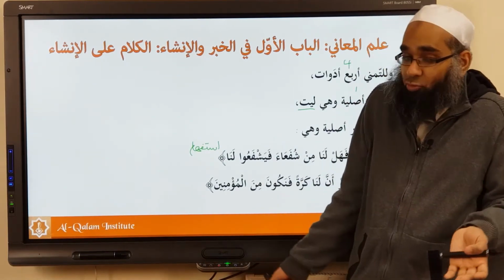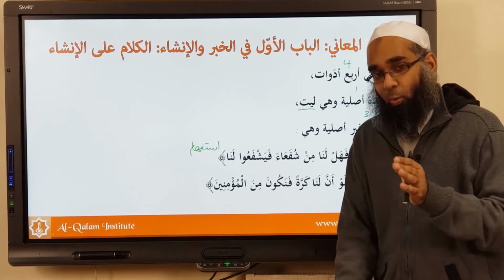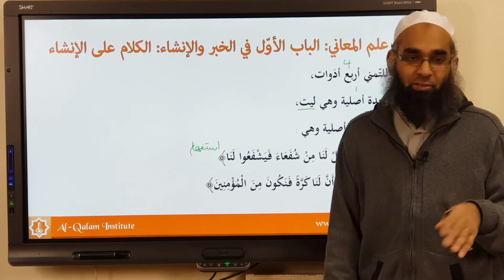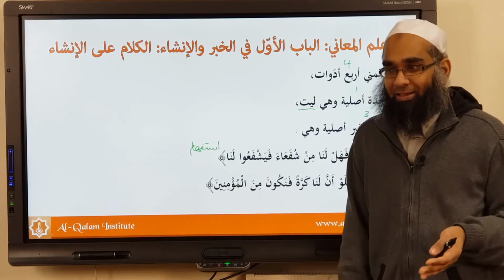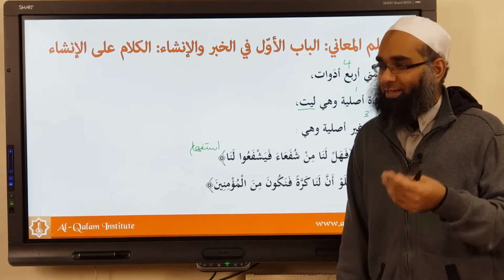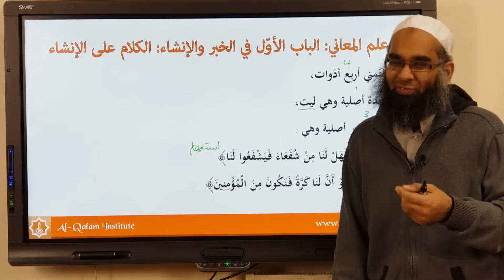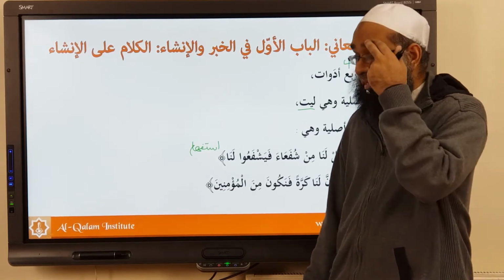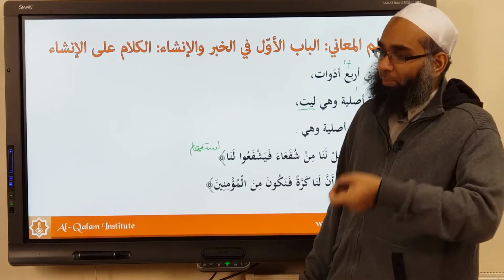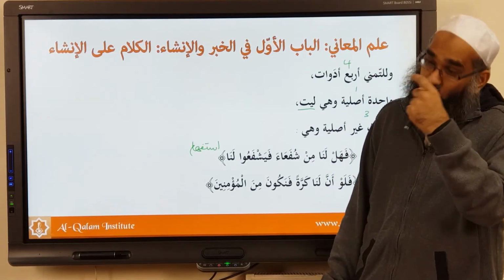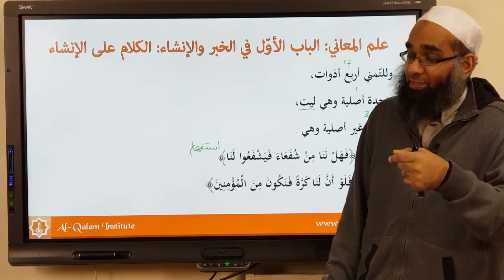For example, on the day of Qiyamah, they know that there's no shafi', there's no shufa'ah, there's no karra, no return to the dunya. But how did they express it? As a question, and with law, even if possible. Expressing something which is impossible in a tamanni, they use the words hal and law, which are normally used for possible things, to express this meaning.